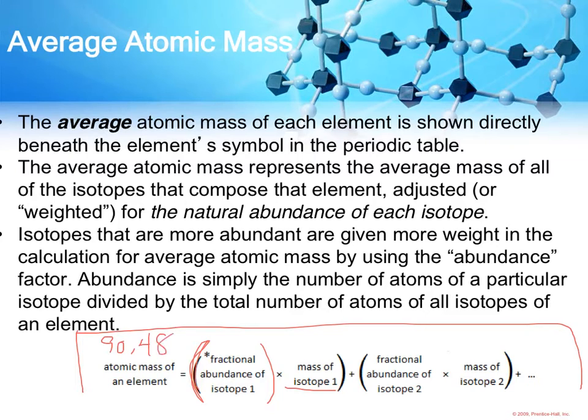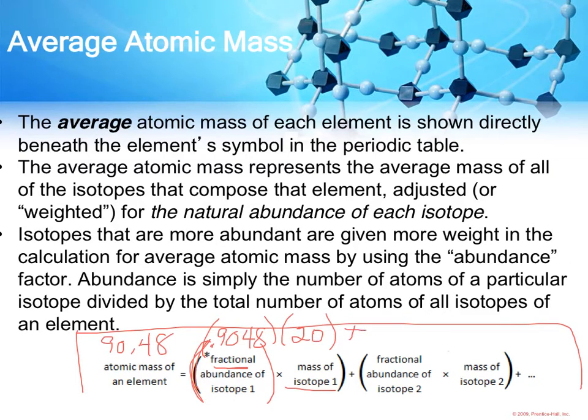Remember, this equation looks for the fractional abundance. So the fractional abundance of neon 20 is 0.9048, and the mass of neon 20, of course, is 20 AMU. That's for the first isotope.